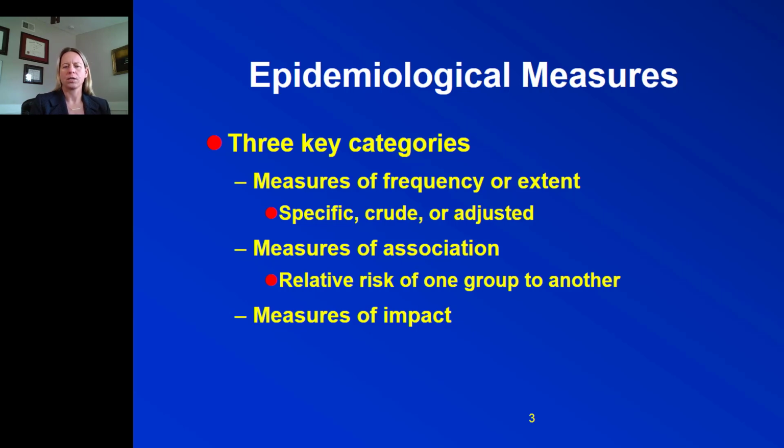For example, relative risk. And then the third type is measures of impact. This could be the measures of the effect of, say, a number of deaths in a region per year and its effect on the economy. We're not typically focused on measures of impact in this class, but suffice it to say that is a category that epidemiologists do calculate depending on the research question.